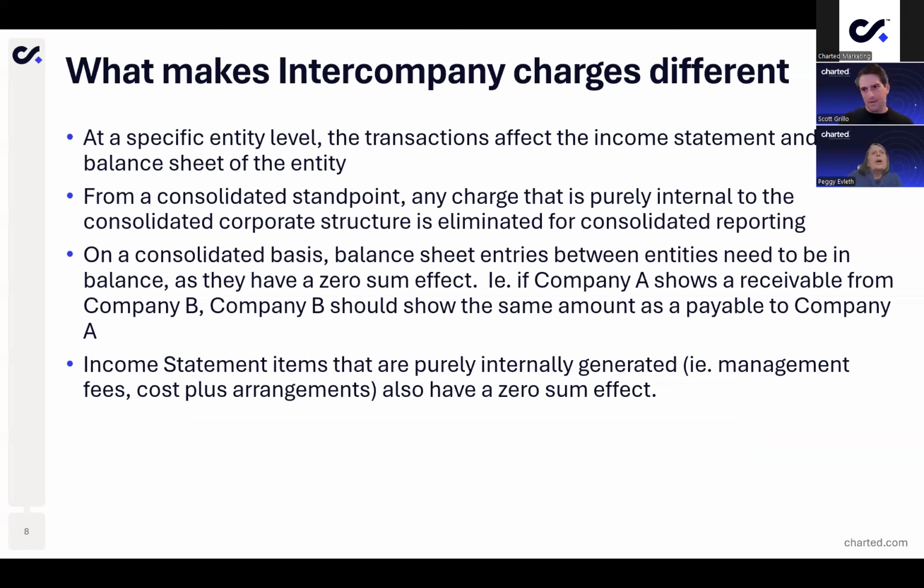Okay. So what makes intercompany charges different? At a specific entity level, they affect the income statement or the balance sheet. But as I touched on before, on a consolidated level, they do not. Now, that can be a little bit difficult sometimes.